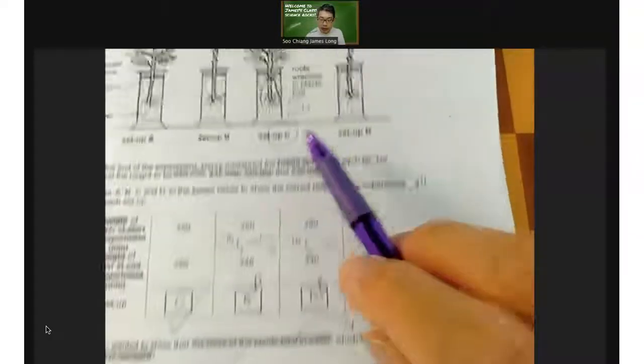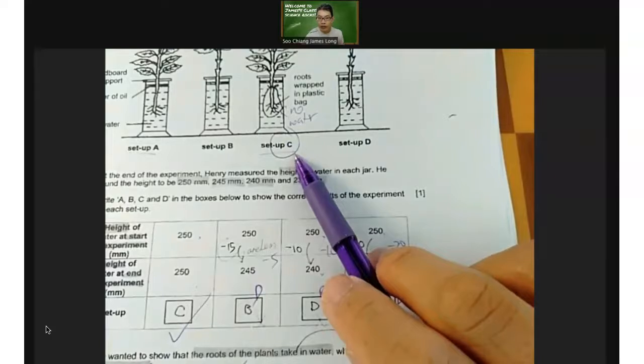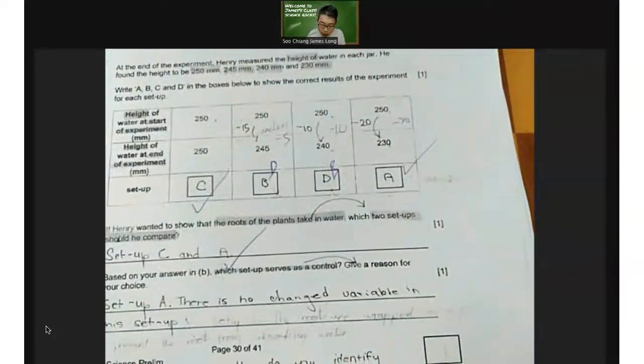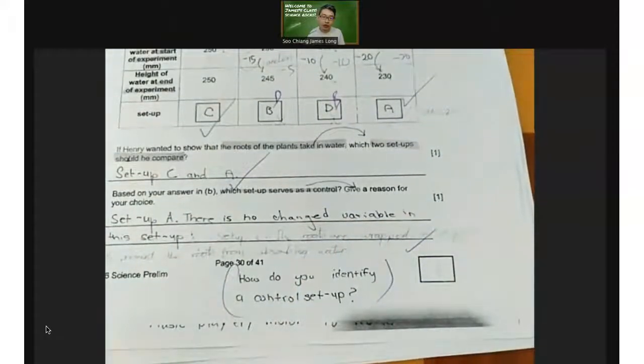So in this case here, the control will be C, because C cannot absorb any water at all. There's no water loss here. Alright? So C, the roots are wrapped in a plastic to prevent the roots from absorbing water. Okay. So the control setup, as I mentioned, is a setup that does not have that thing that you want to test on.